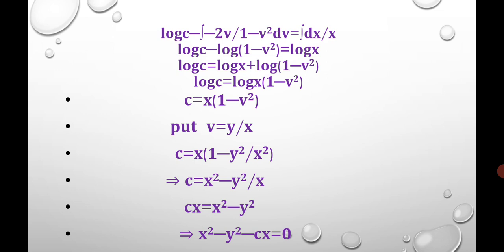Here we have the solution, that is x square minus y square minus cx equals 0. Here we have the complete general solution of this example of the equations of the type homogeneous equations in x and y. Here x and y are variables and homogeneous means the same degrees.